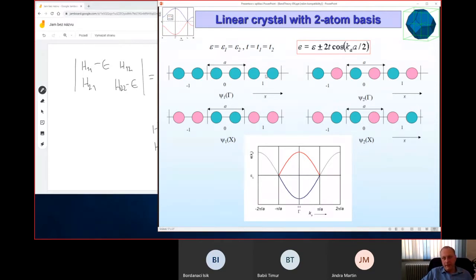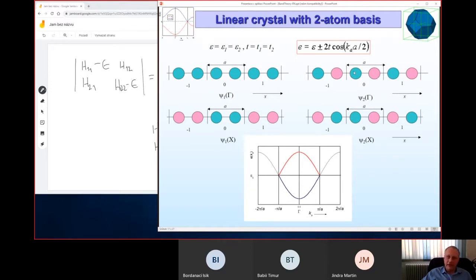One is completely bonding and one is completely anti-bonding, corresponding to this point and this point. In fact, we could consider two dimers, one with the plus sign of both orbitals within the unit cell, and another one with the plus-minus combination of the two orbitals.